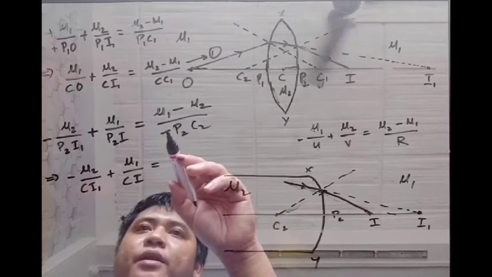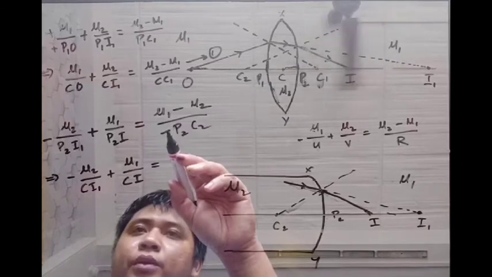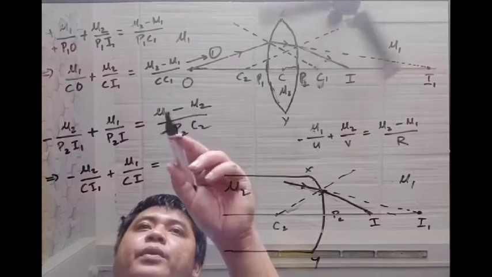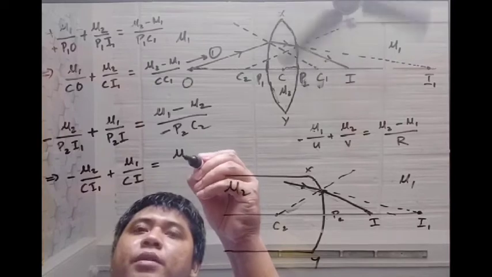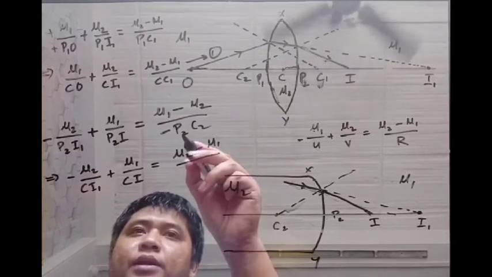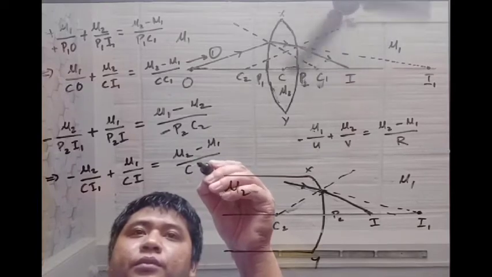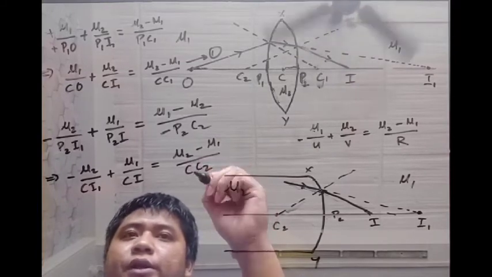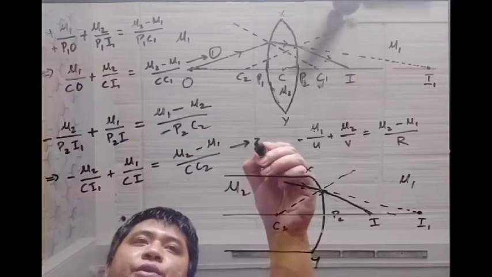Multiplying with this negative sign, they will interchange their place: minus (mu2 minus mu1) divided by CC2. P is replaced with c. This is equation 2.